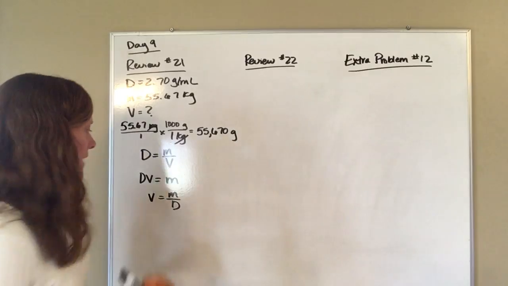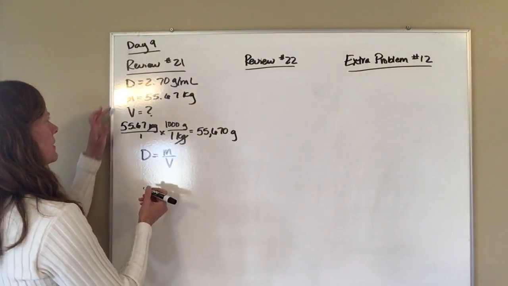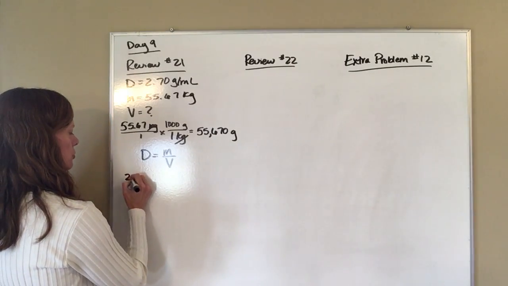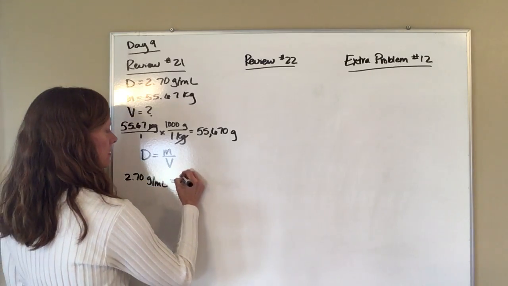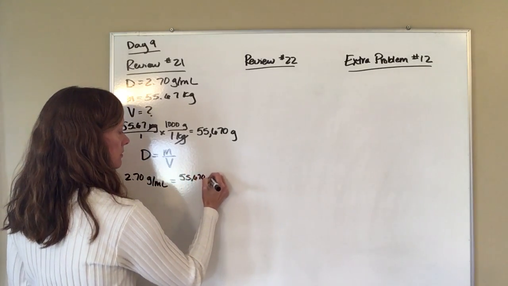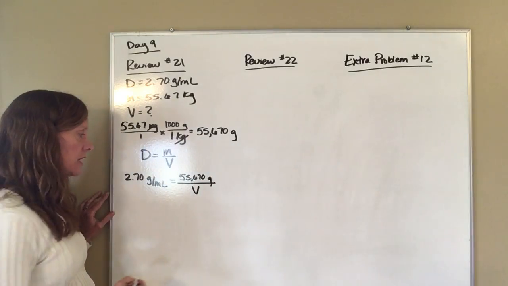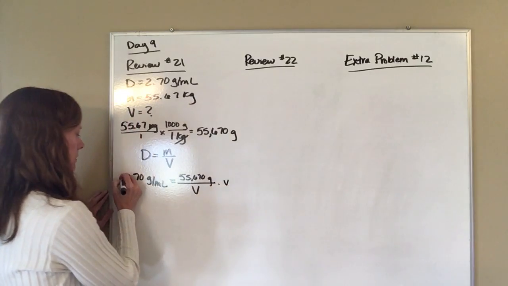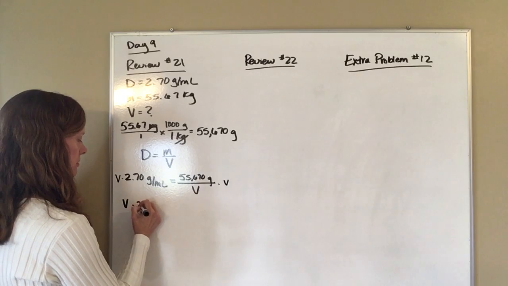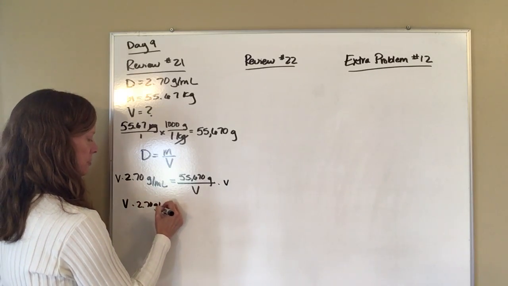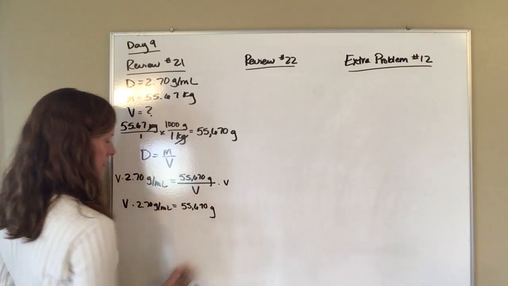If you don't want to do it that way, you can plug the numbers in right where they are. And so your density is going to be 2.70 grams per milliliter. Your mass, 55,670 grams. Volume is what you're trying to find. I've got to get the V out of the denominator, so I will multiply both sides by V. So I'll have V times 2.70 grams per milliliter equals 55,670 grams.